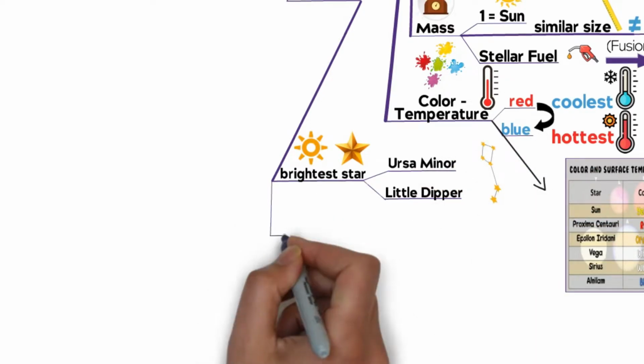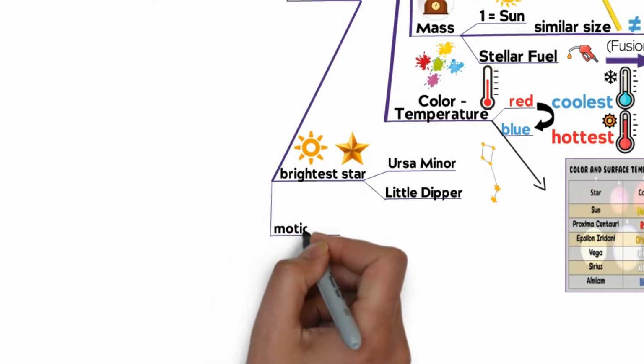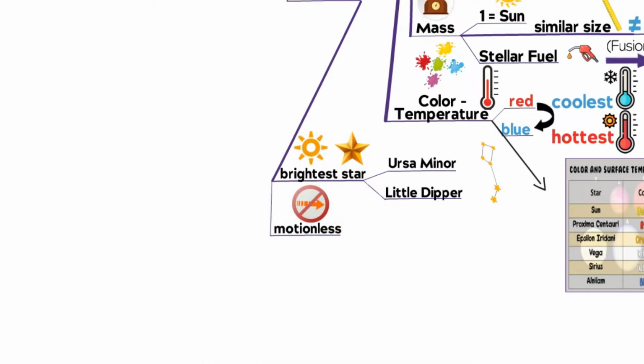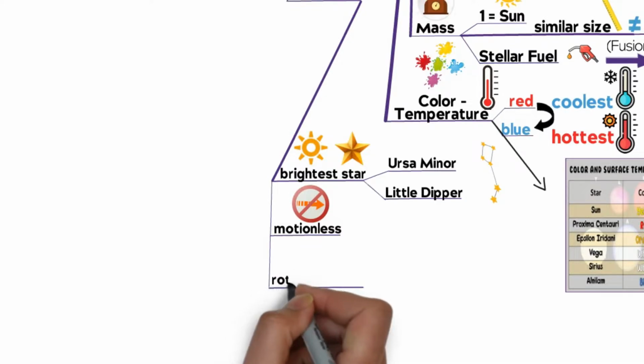Polaris stands almost motionless in the sky, and all the stars of the northern sky appear to rotate around it.